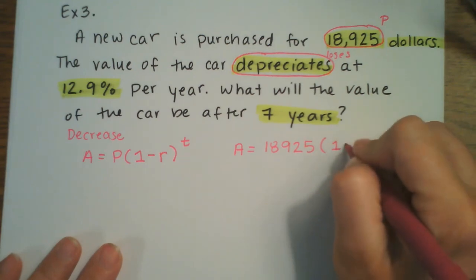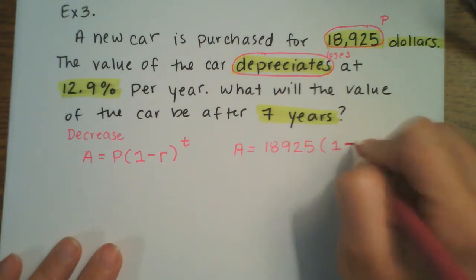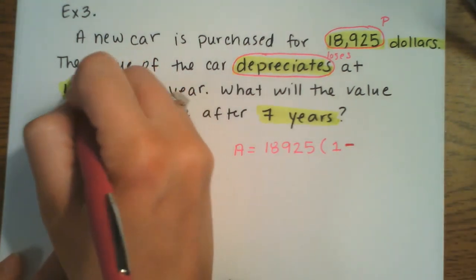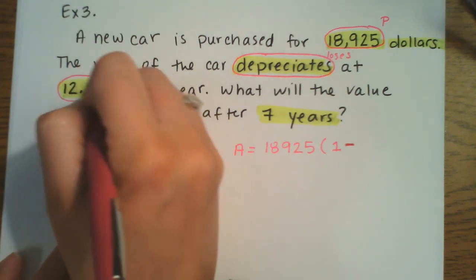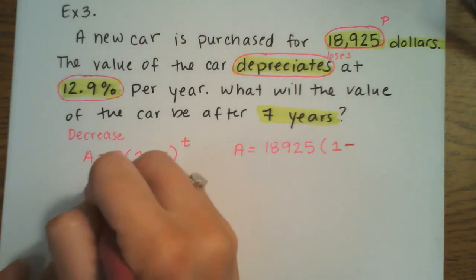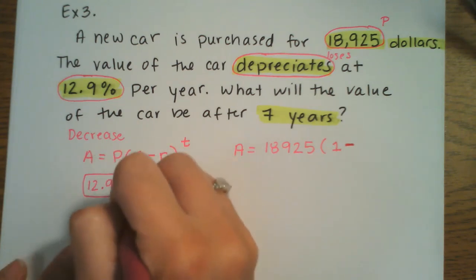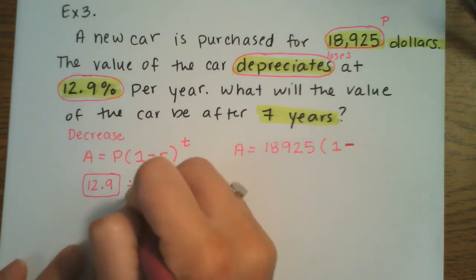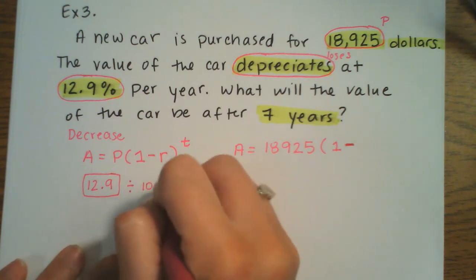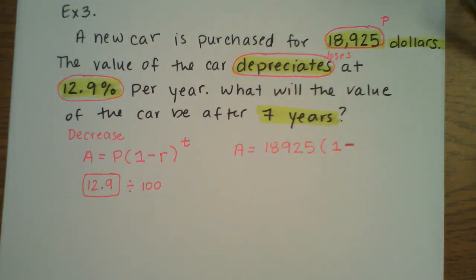So 1 minus, make sure you're not using the plus this time. We're going to take 12.9, the one that's given, and divide it by 100 in order to get our rate.